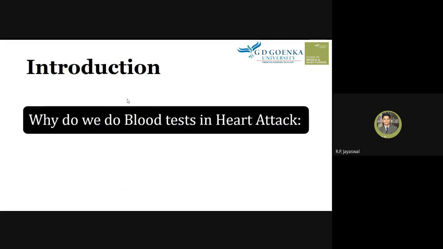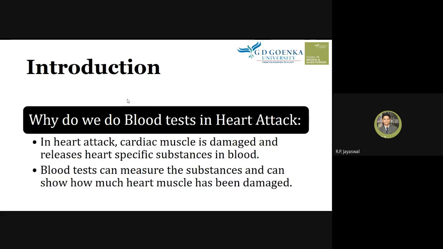Why do we do a blood test in heart attack? This is one of the questions: if there is a heart attack, why do we do a blood test? Here we need to understand that in heart attack, the cardiac muscle is damaged, right?